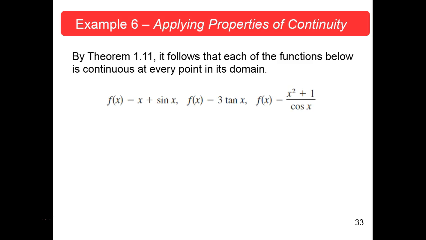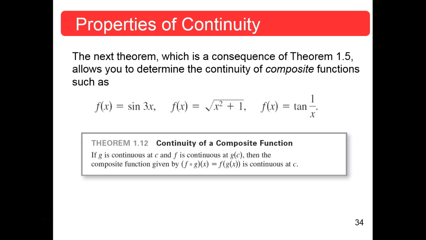Okay. Now, the next theorem, this is the one at the bottom of page 79. As a consequence of theorem 1.5, which is way, way back, it allows you to determine the continuity of composite functions. It wasn't that far back.